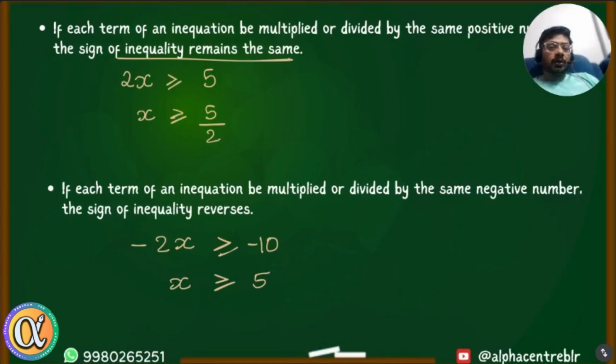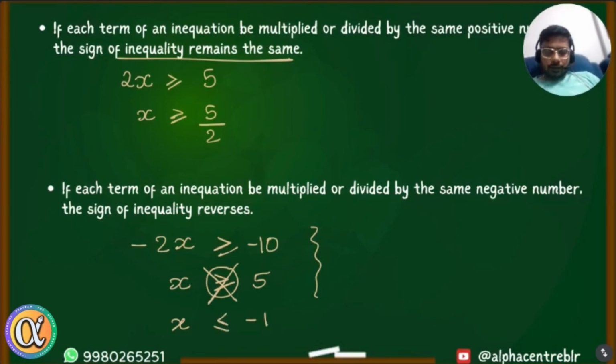If we do want to do so, we change the inequality. It means greater than or equal to is wrong. If you're dividing both sides by a negative number, you change the inequality. So you write x is less than or equal to 5. So greater than or equal to becomes less than or equal to.